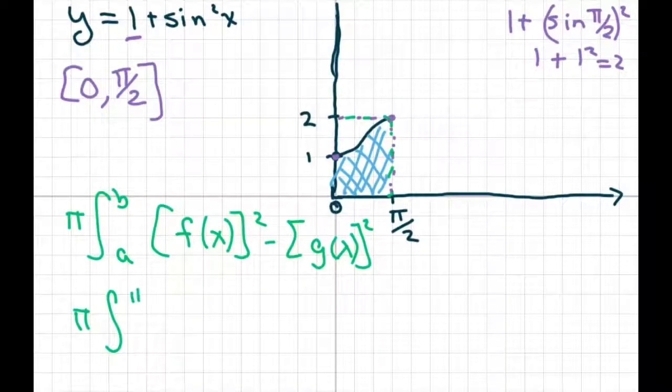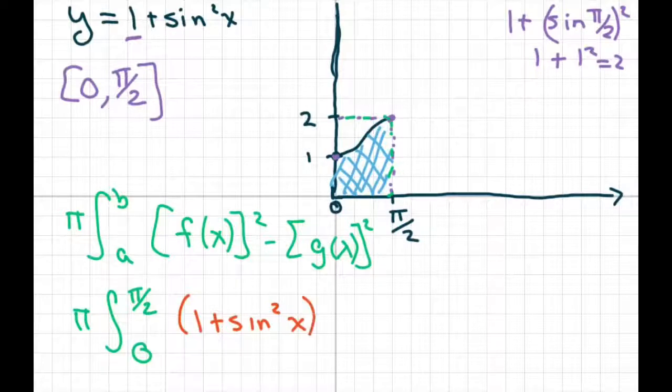And so you're going to get pi, integral from 0 to pi over 2, your a is 0, and your f of x is going to be 1 plus sine squared of x, and then you just square it. And minus this one, we're at 0 here, or the vertical slice is at 0. And so that's just going to be minus 0. So we're just left with that. And then you write your dx.